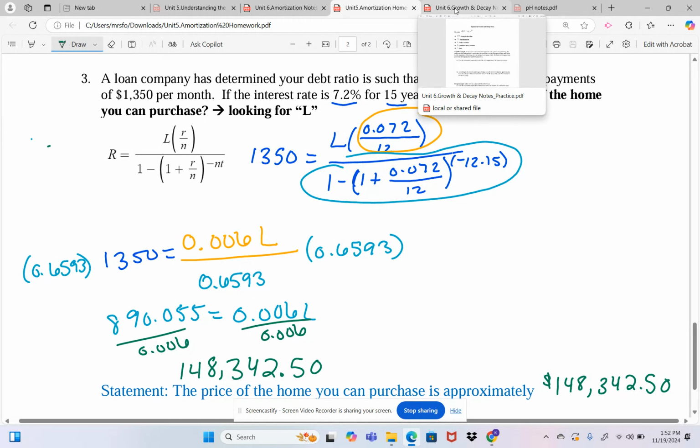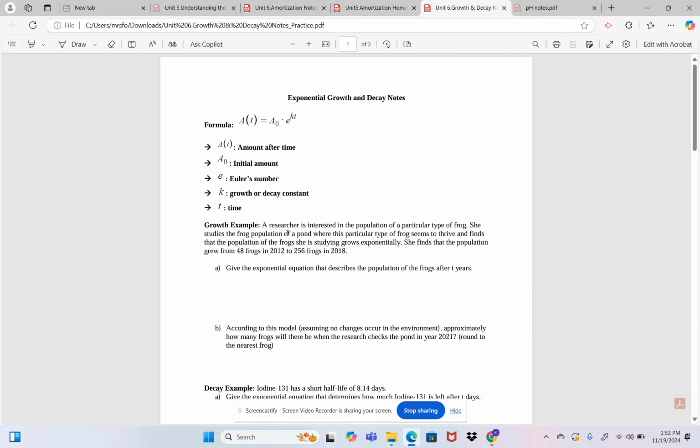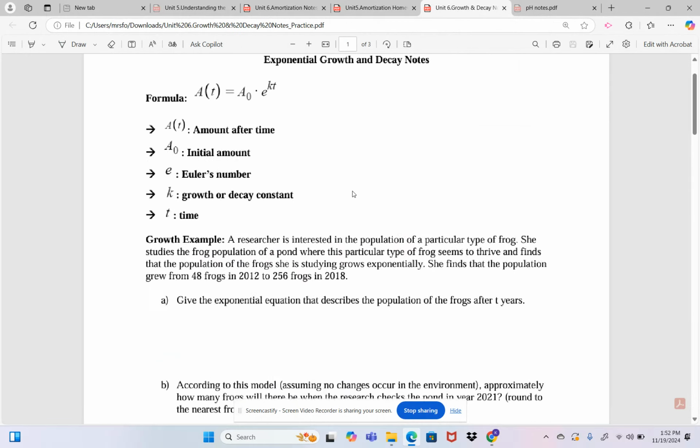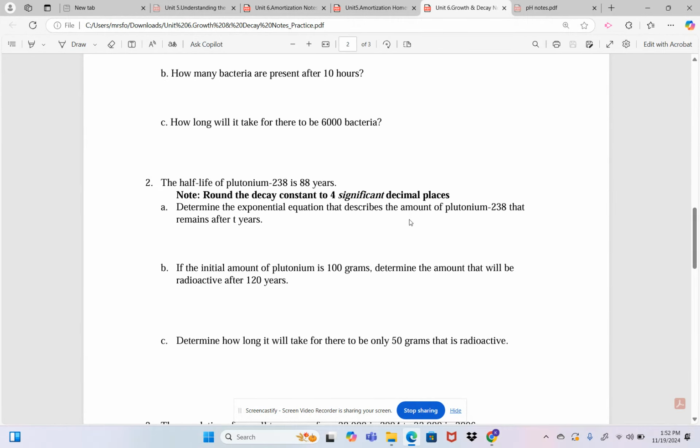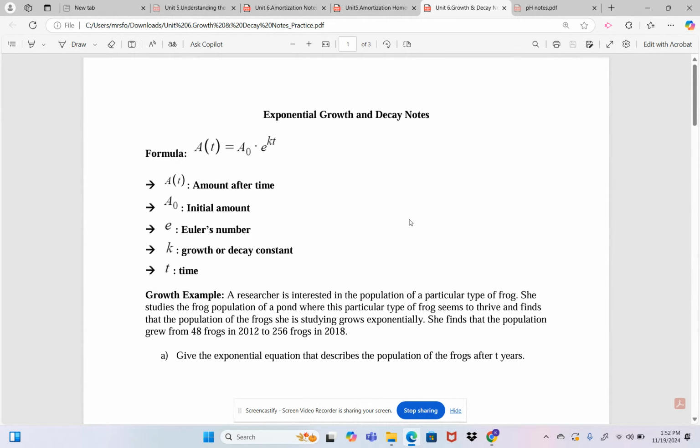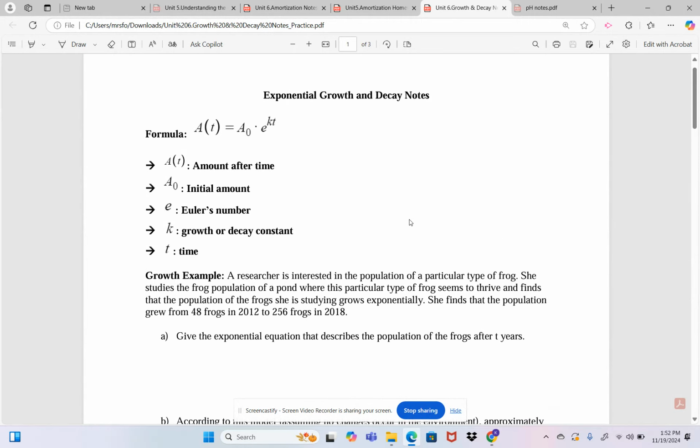So we have 2 more lessons. So let me think real quick. All right, so let's look at growth and decay.